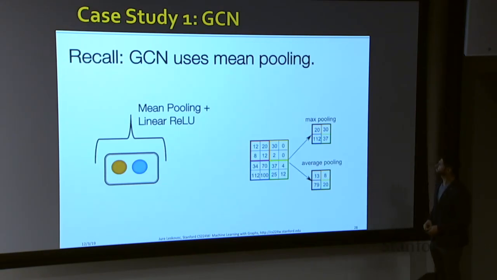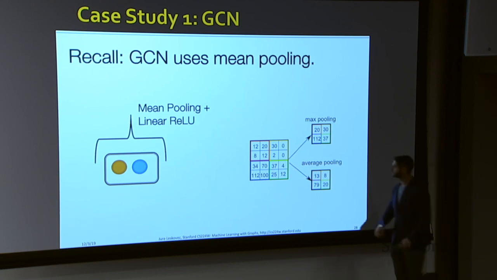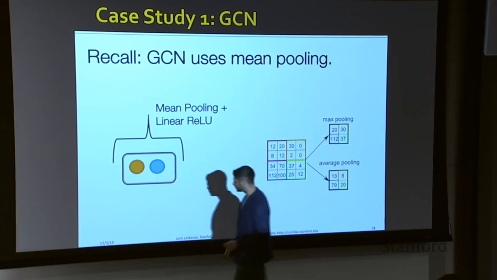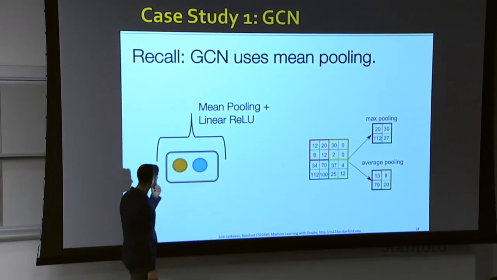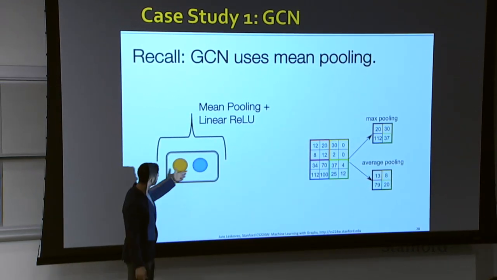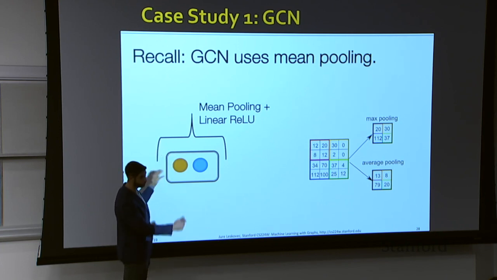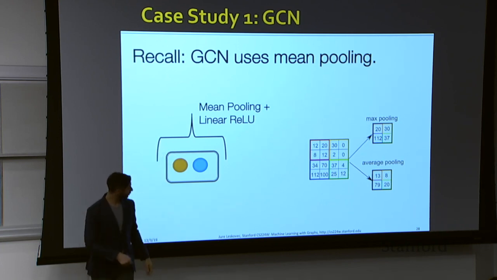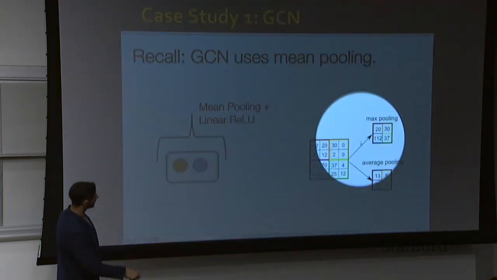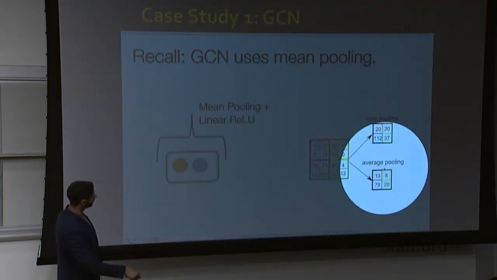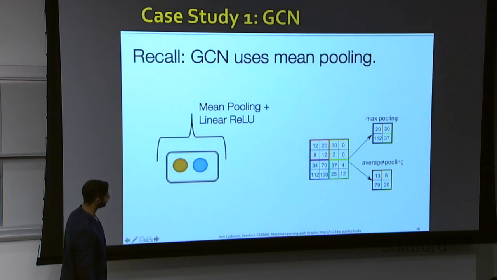All right? So first case study, GCNs. As I said at the beginning, the way in which a GCN performs the aggregation is the following. There is a linear combination, there is an activation function, and then it performs mean pooling among the features. Just as a reminder, this is the idea of how max pooling and mean pooling behave.